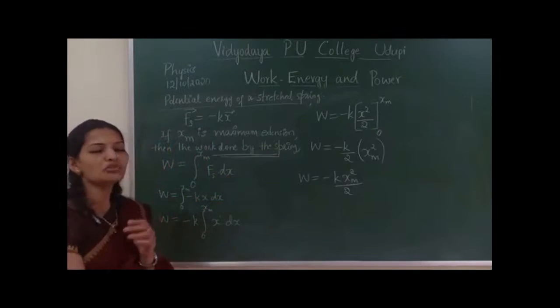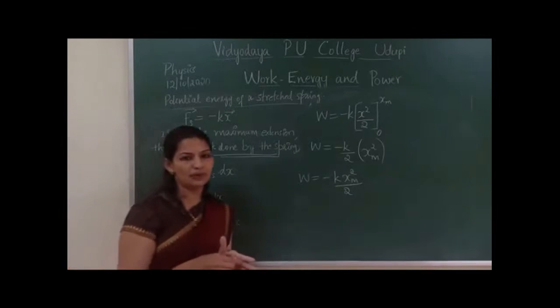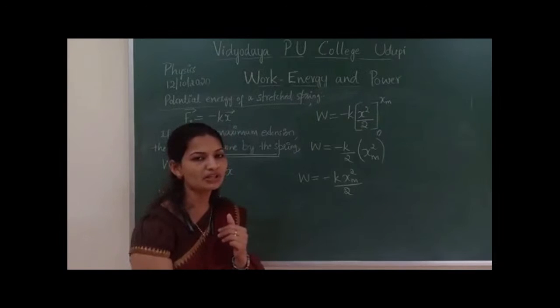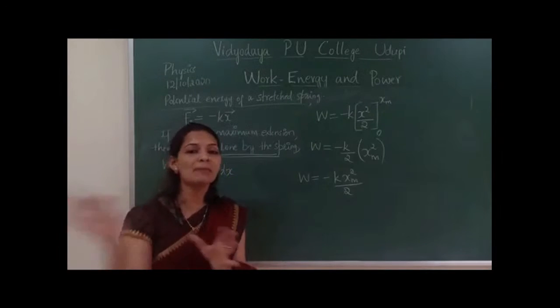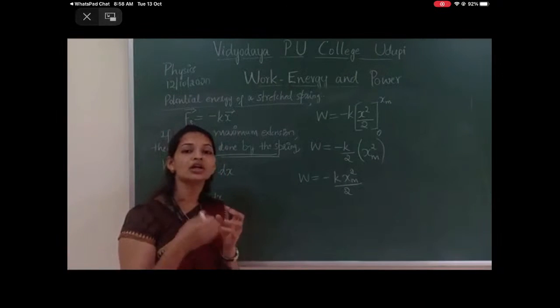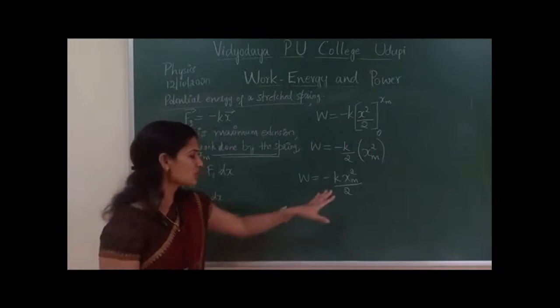And what about the work done on the spring? The work done on the spring, that is due to the applied force, isn't it? Applied force, or we can say in this case it is due to the stretched force.